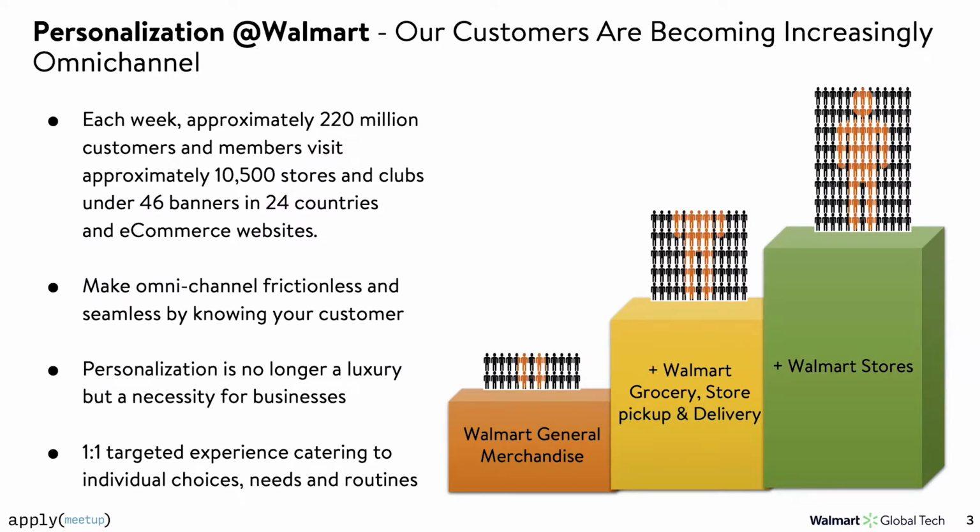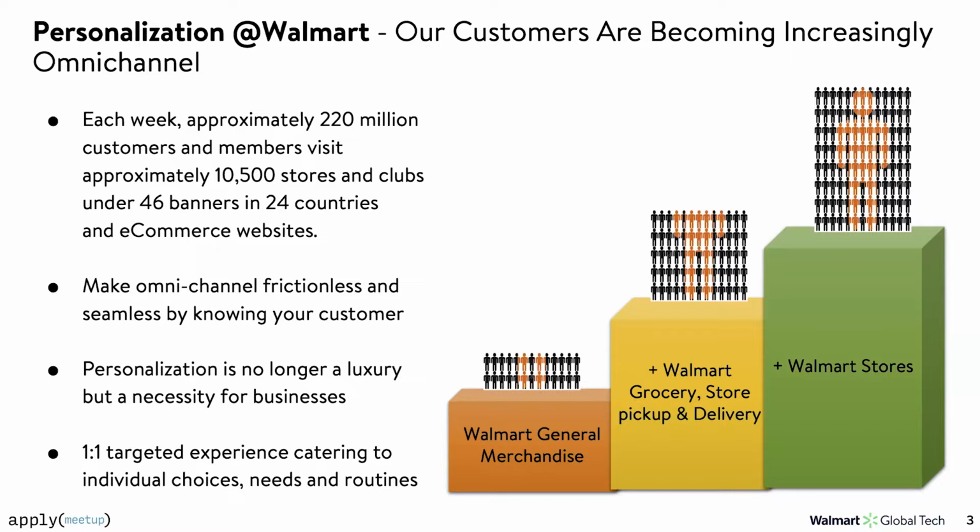So we have hundreds of millions of customers across the US and international markets who are shopping at Walmart across our thousands of stores and our websites. This diagram shows how, as we look at the data about our customers through different channels, the picture of the customer becomes more and more complete.